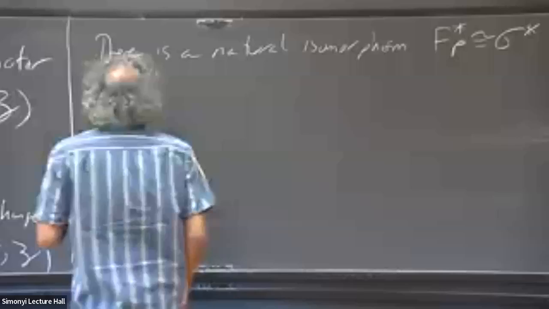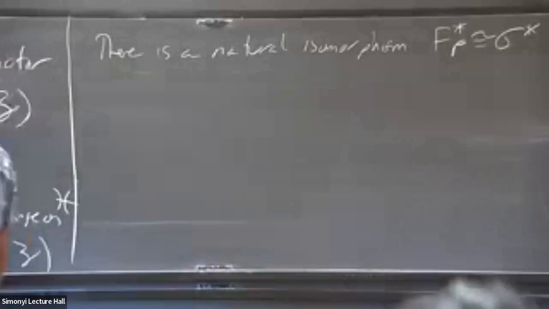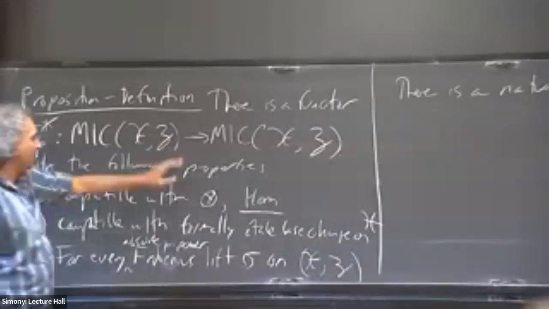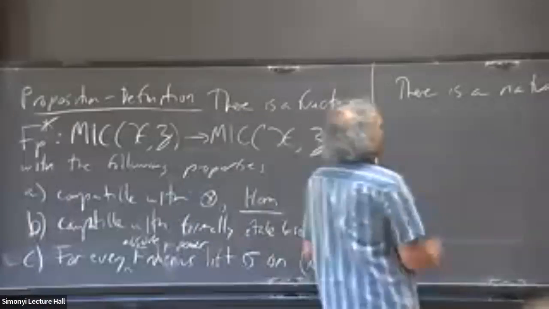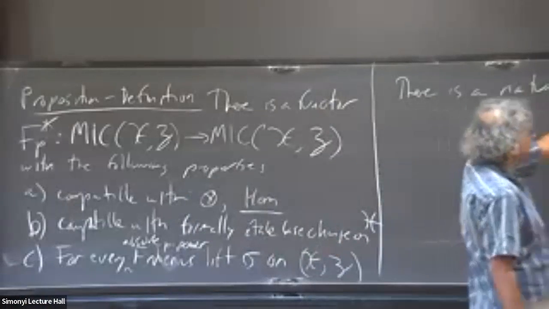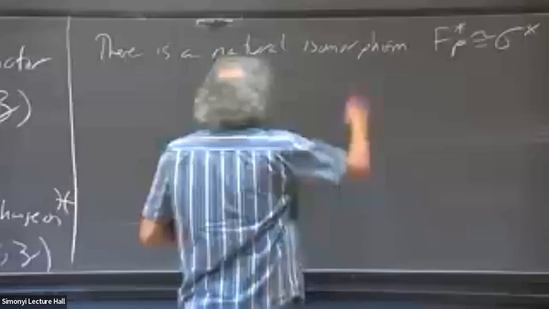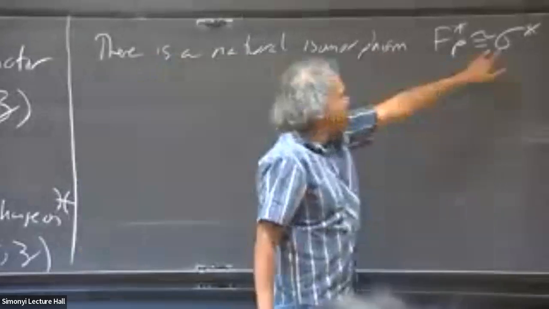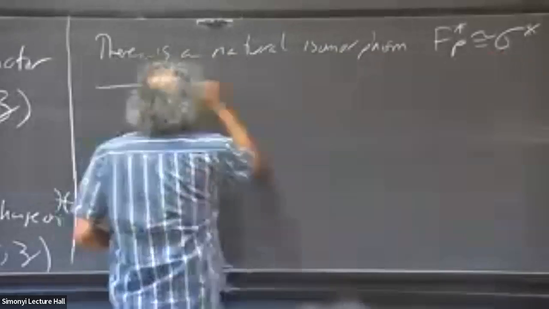Maybe I should say a little bit more. Let me show you what this construction is, and that will show you that this object is somehow canonical. The point is that there are isomorphisms.